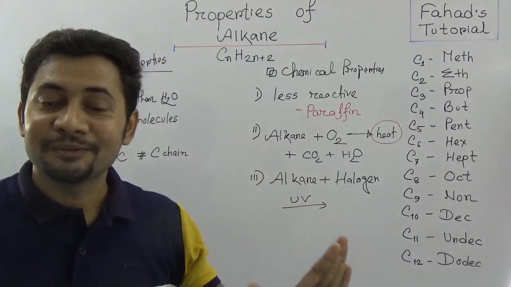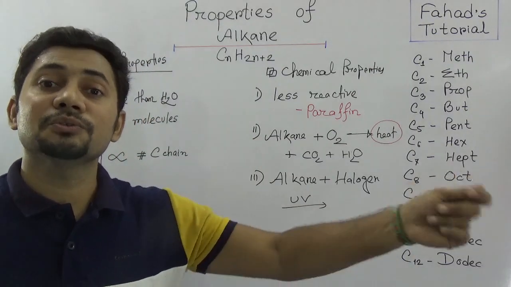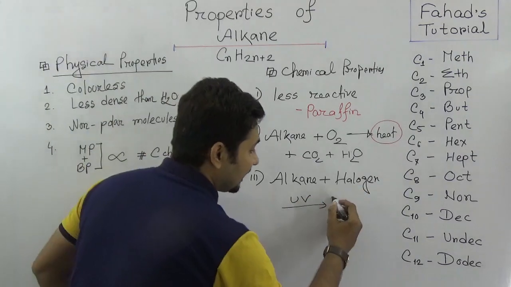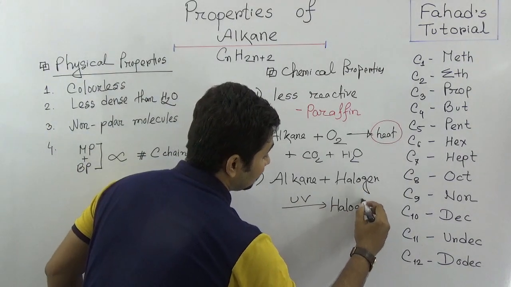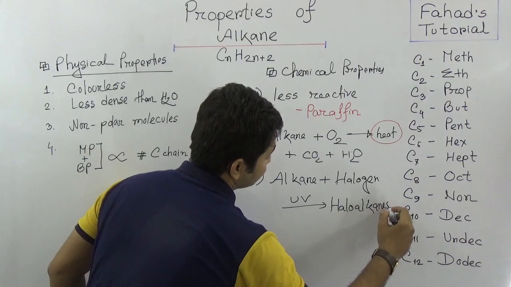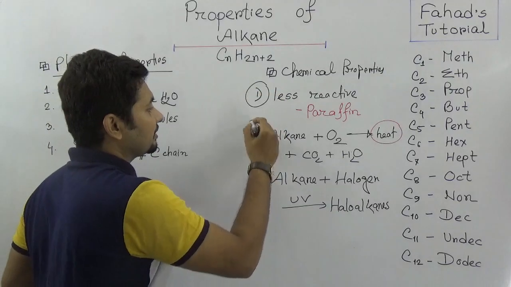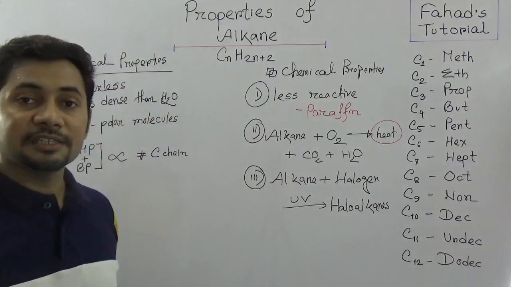If we oxidize an alkane, it produces huge heat. And with halogen, it produces haloalkanes.